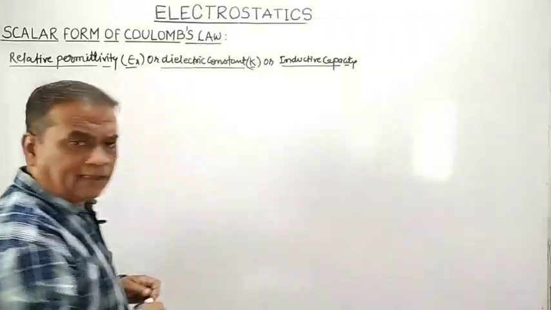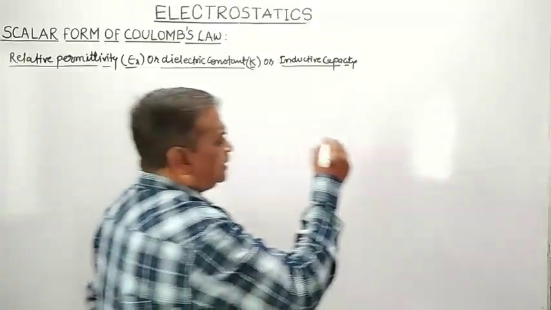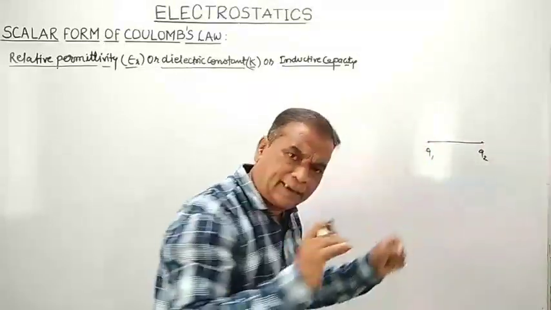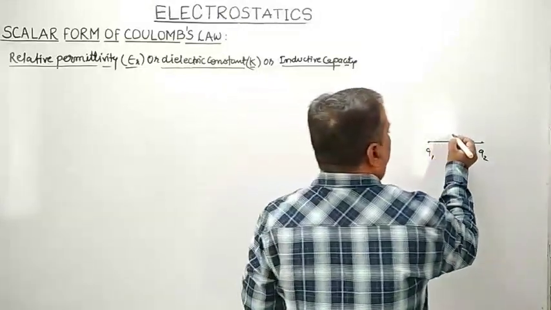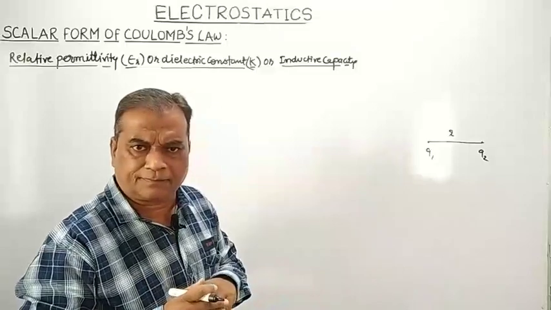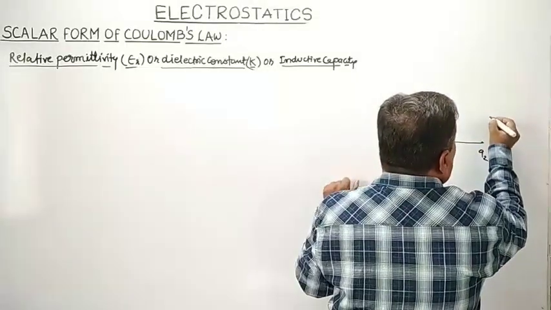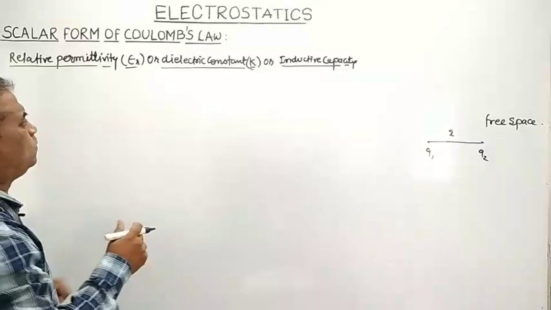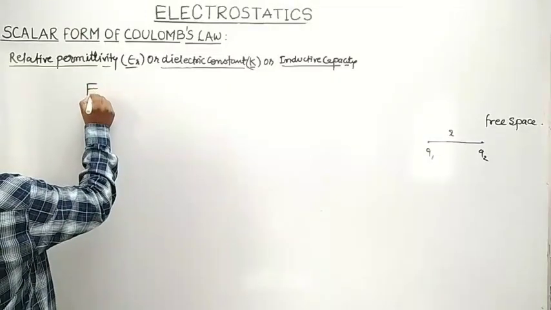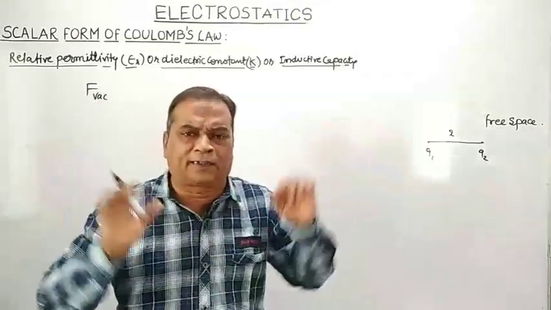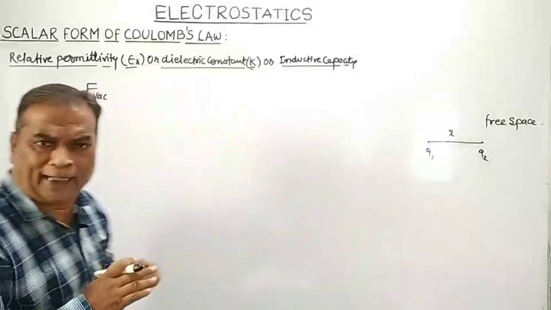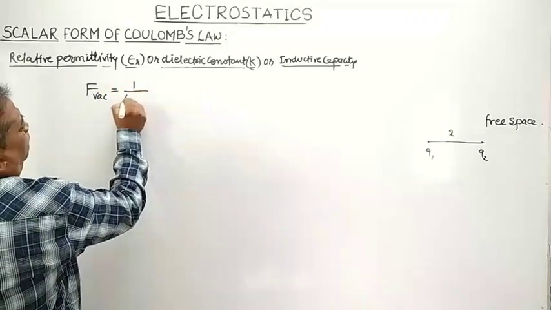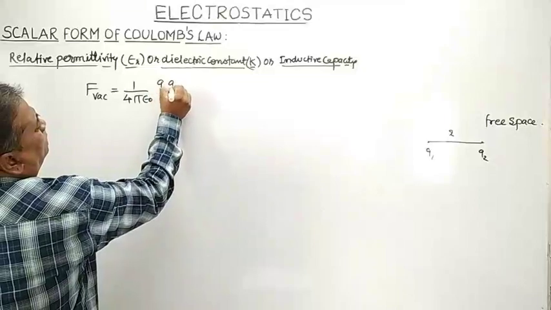Now you know that according to Coulomb's law, when two point charges Q1 and Q2 are at rest and separated by a distance r apart in free space or vacuum, the force of attraction or repulsion between them is equal to 1 upon 4 pi epsilon 0 Q1 Q2 divided by r square.